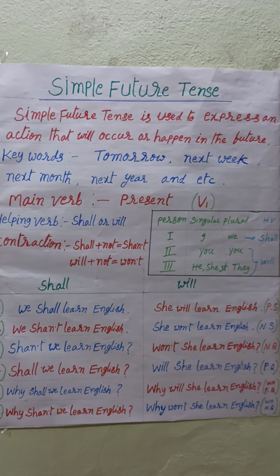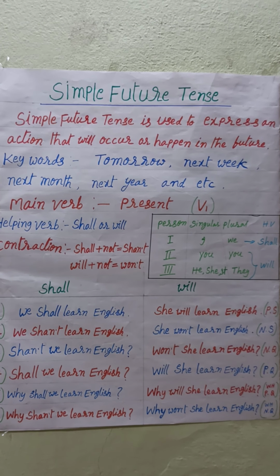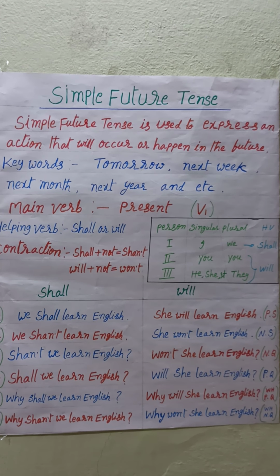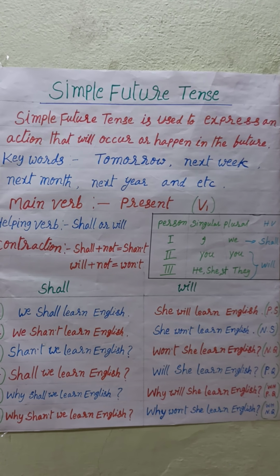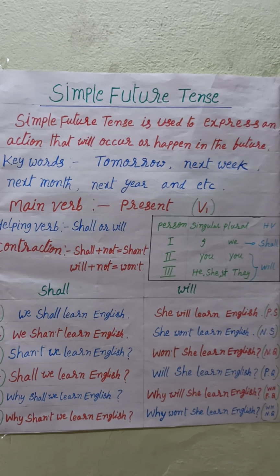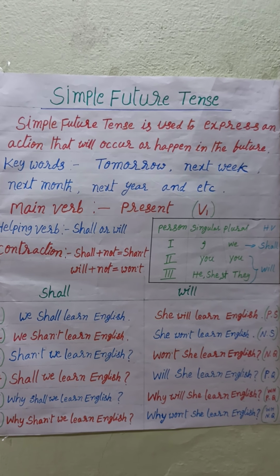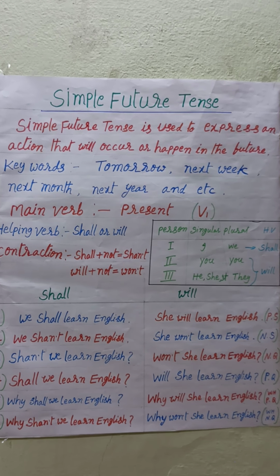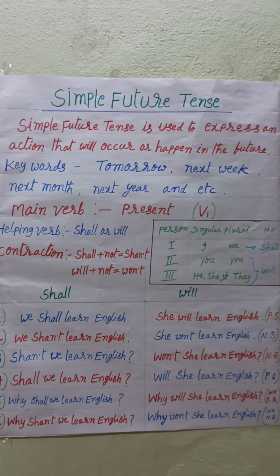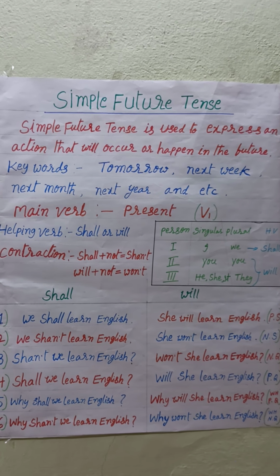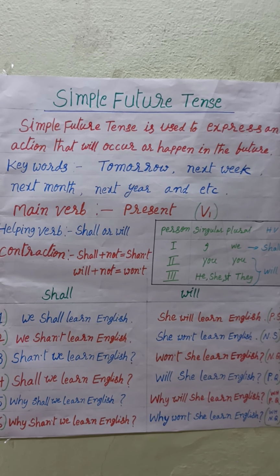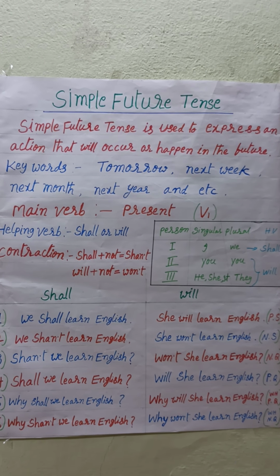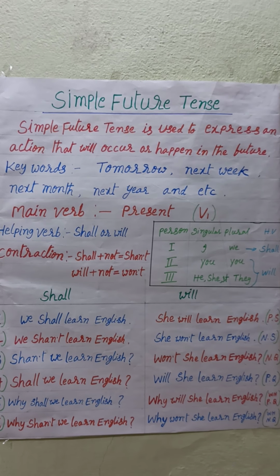Serial number 1, we shall learn English. Here, we is subject, shall is helping verb, learn is main verb, and English is object.